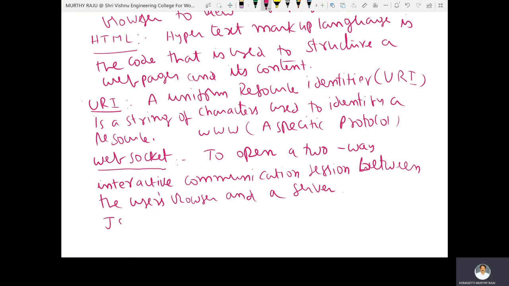Next one, JSON, JavaScript Object Notation.